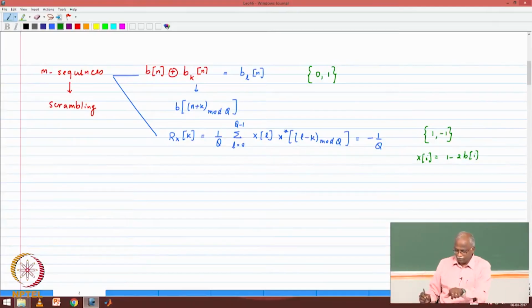So we have used both representations. Please always, before you apply something, ask: am I working in binary or in bipolar? That's an important part to keep in mind.